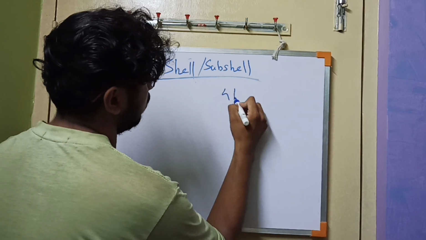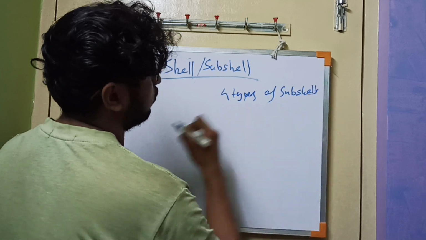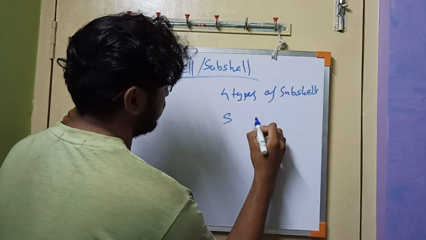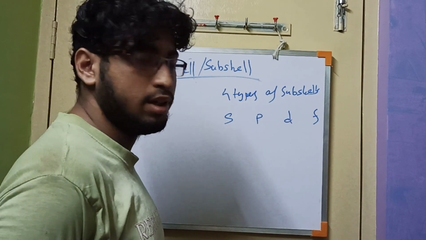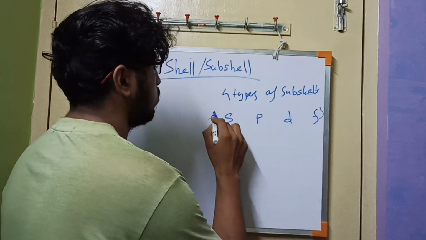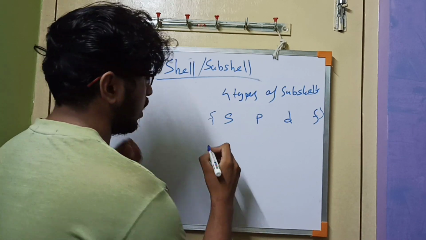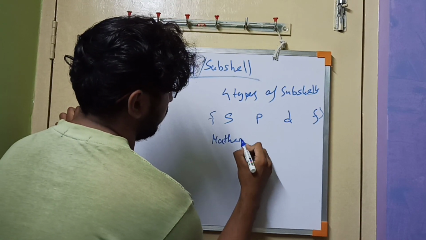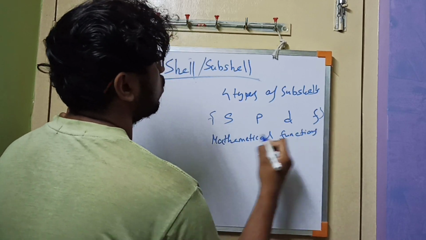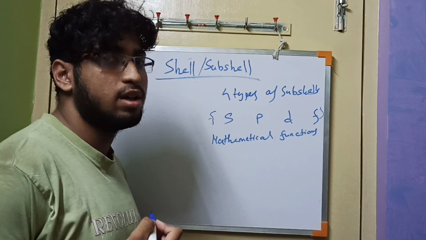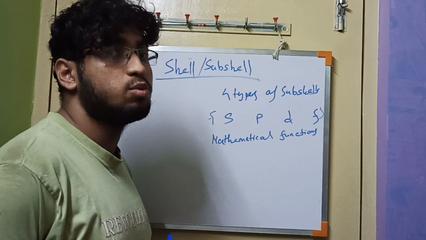There are 4 types of subshells: S, P, D, F. These 4 types of subshells are basically mathematical functions. We all know that an electron has a dual nature: one is particle-like, another is wave-like.